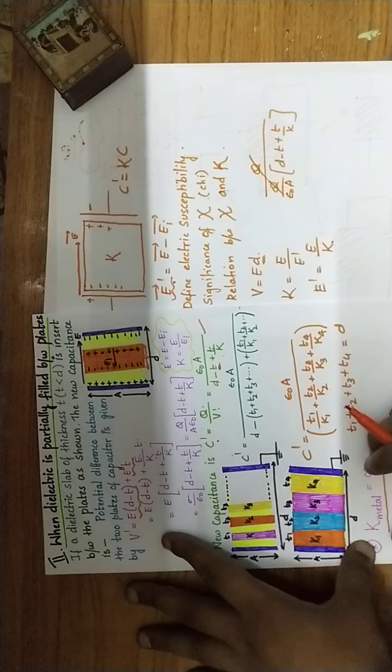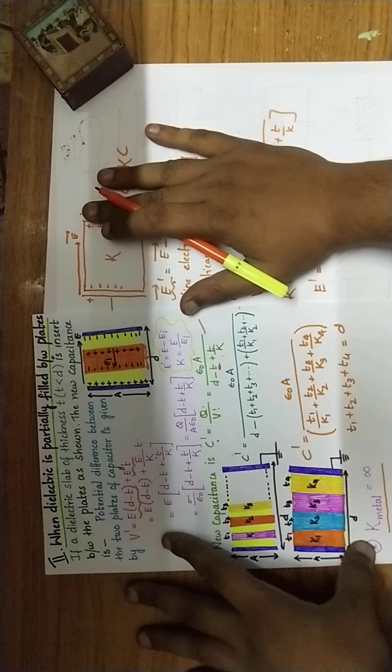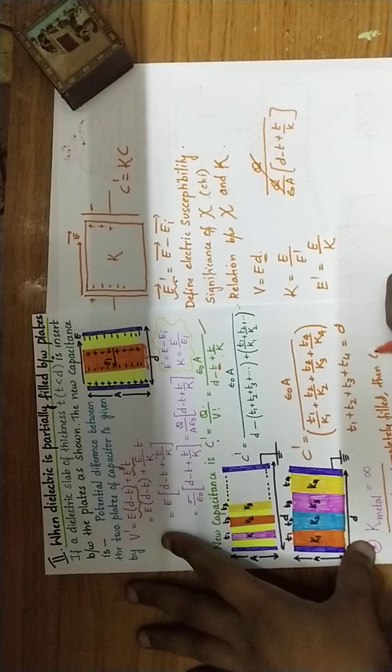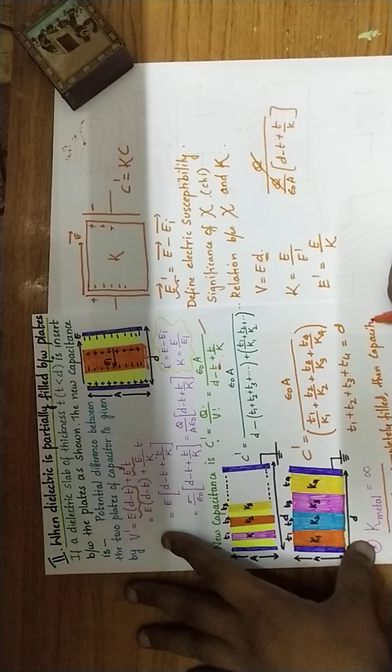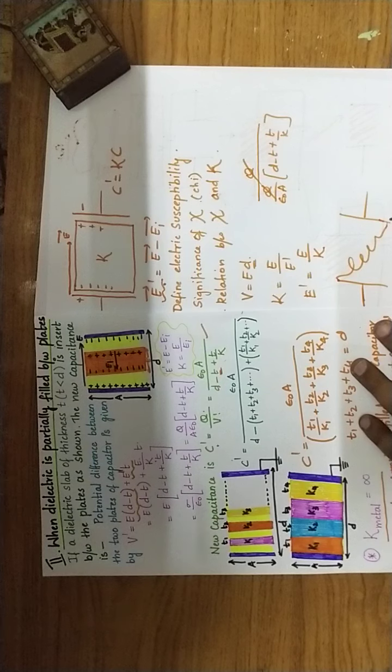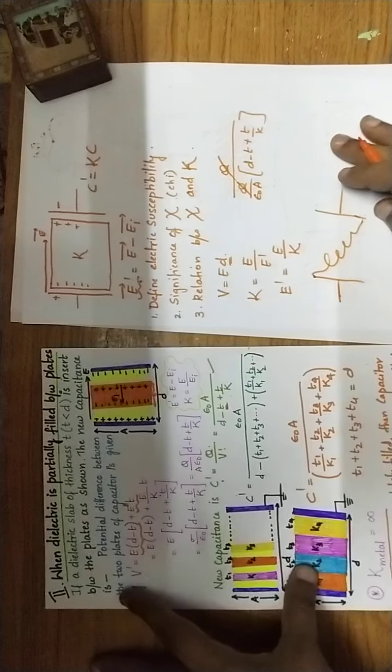If the metal slab is completely filled, then the capacitor is short circuited. It means that this is a plate, this is a plate, and in between these two plates I have placed one conductor, so it gets short circuited.